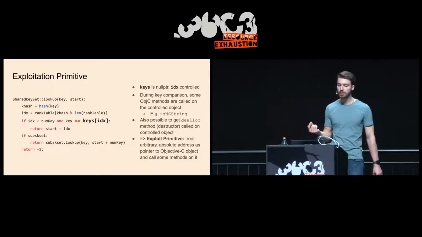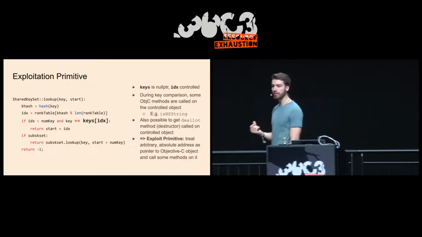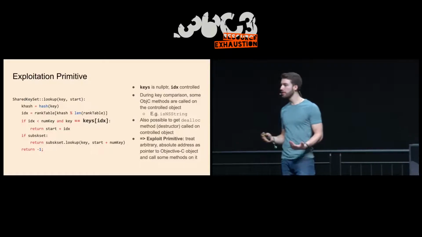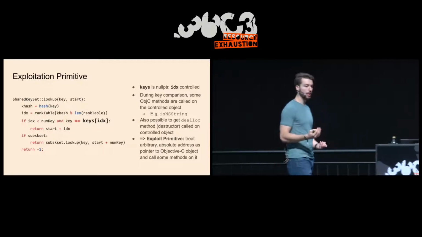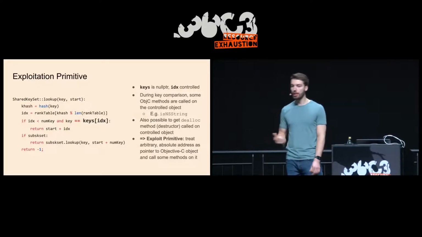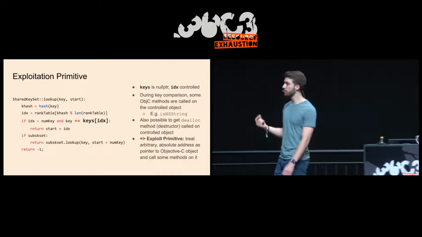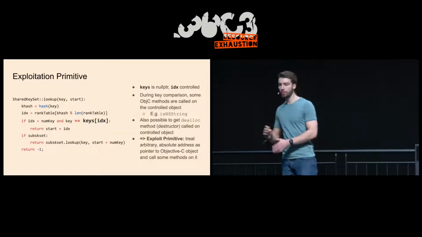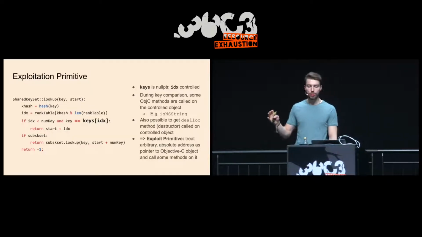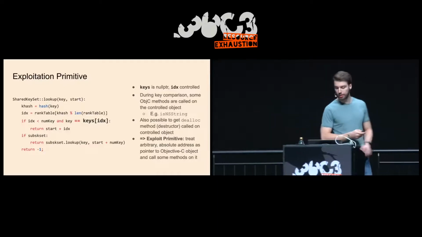And then what happens is the result of this memory access is going to be used as some Objective-C object. So this is all Objective-C in reality. It's doing some comparison, which means it does something like call some method called isNSString, for example. And then also eventually it calls dealloc, which is the destructor. So yeah, whatever it reads, it will treat as an Objective-C object, call some methods on it, and that's our exploitation primitive.